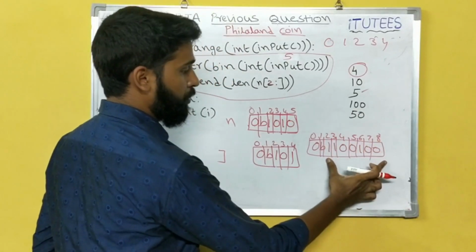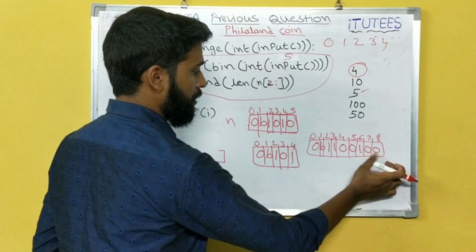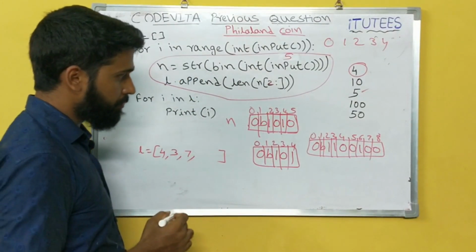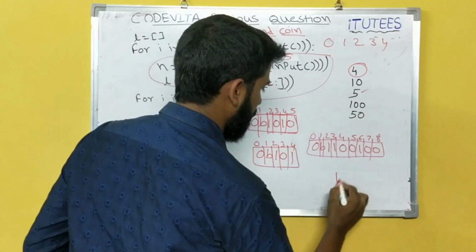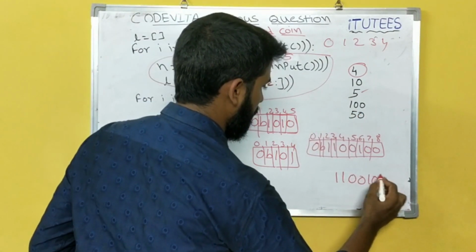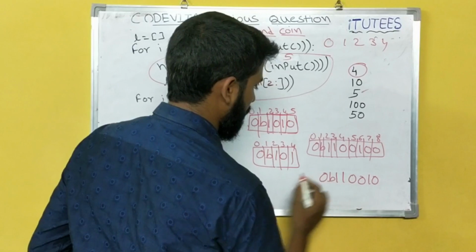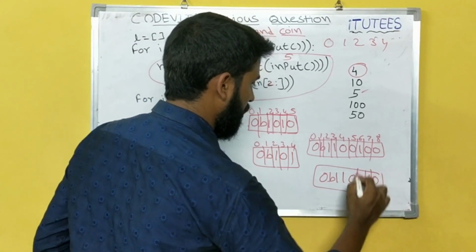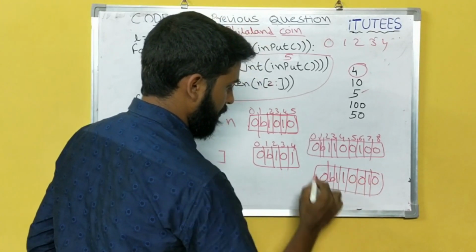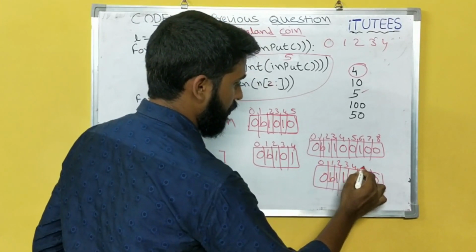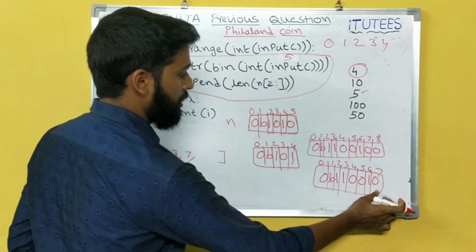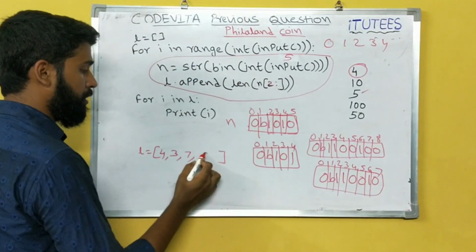What is the length from 2 to the end? 7, so 7 is appended to the list L. Next, 50. Binary is 110010. The length from 2 to the end is 6, so 6 is appended to the list.